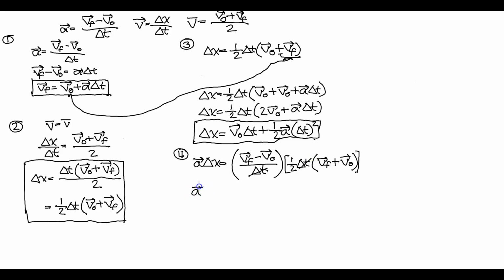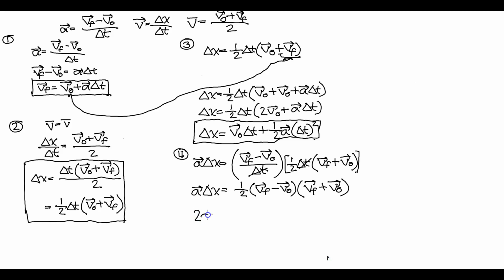So we're left with a times delta x equals 1/2 times vf minus vo times vf plus vo.